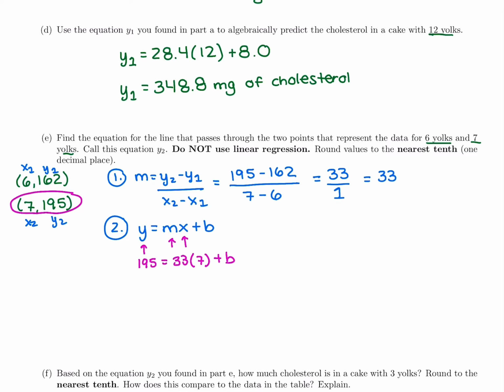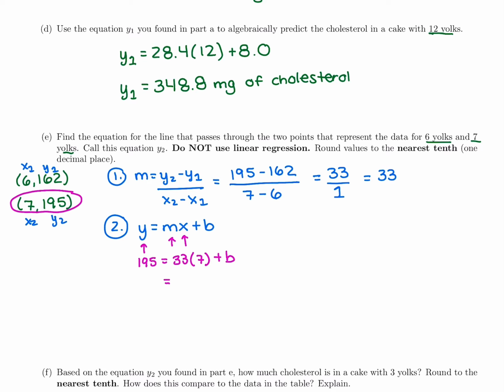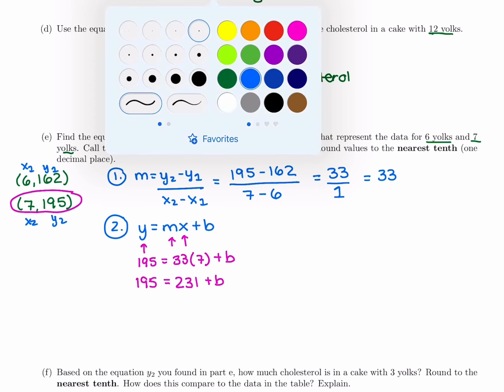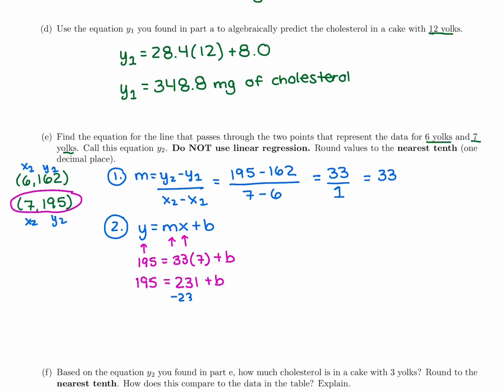I just randomly chose that point 7, 195. So first, 33 times 7 is 231, plus b is our 195. And then we just need to subtract to get b by itself. So subtract 231 from both sides. So 195 minus 231 is negative 36 for our b.